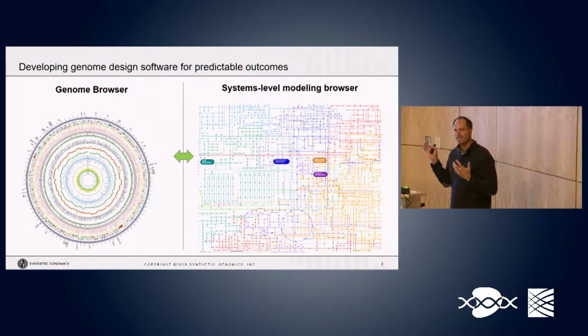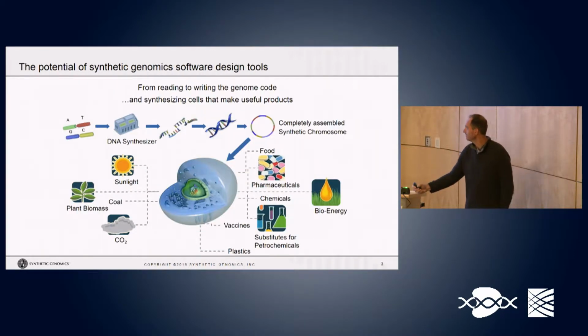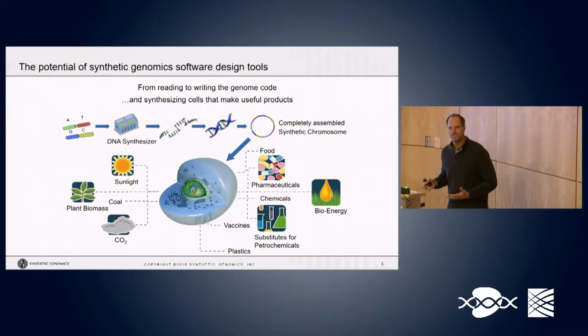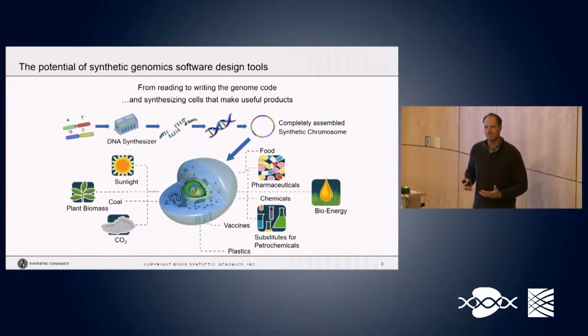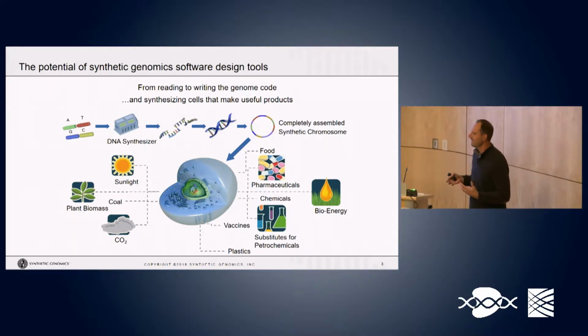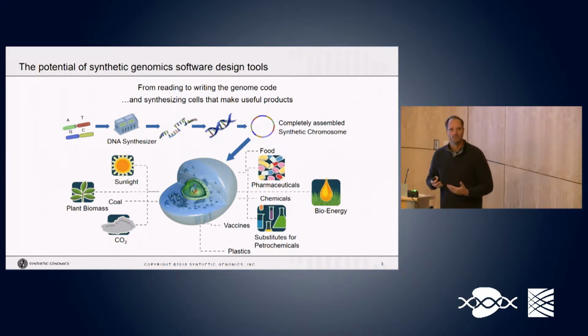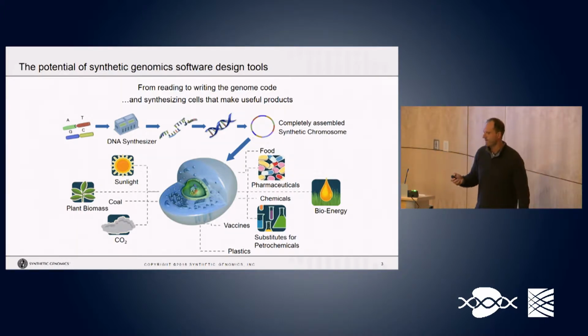And we want that genome design software to be predictable, so that any changes that you make at the chromosome level can then be computationally modeled at the systems level. So we believe that technology such as this is really going to be essential to fully understanding biological systems, so that we can then begin building next generation production platforms for medicines, biochemicals, biofuels, nutrition, agriculture, anything that you can think of.